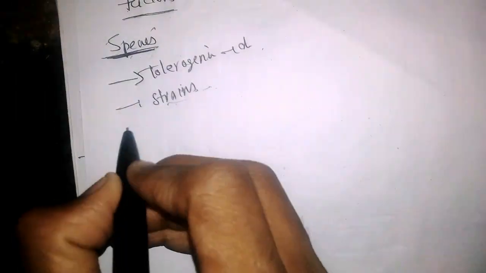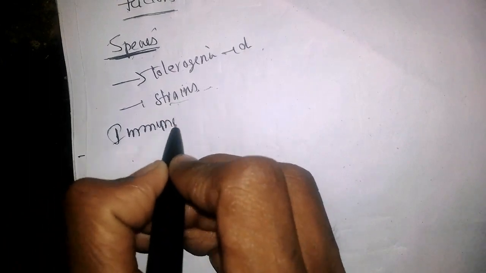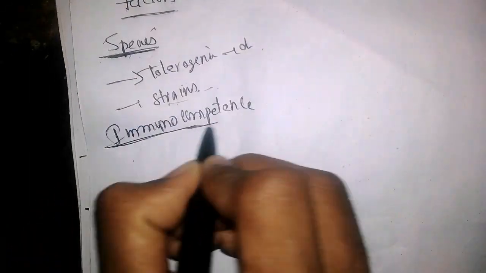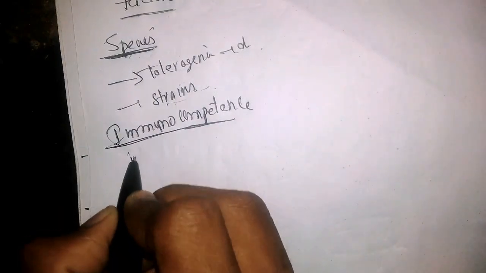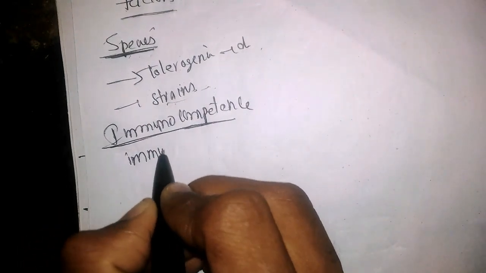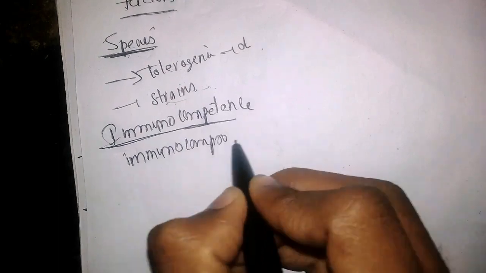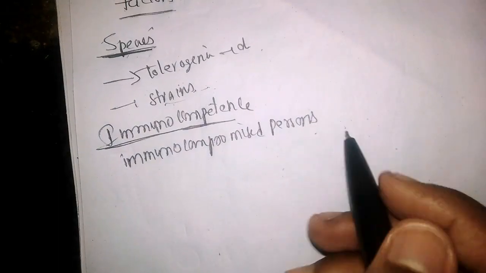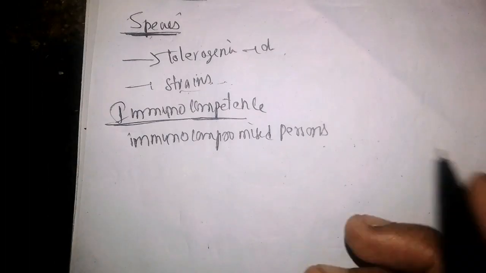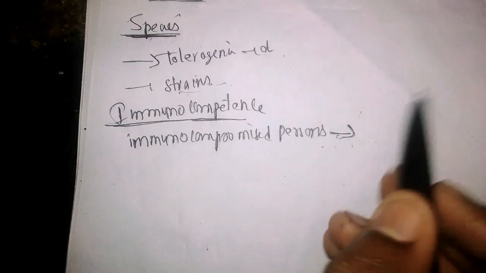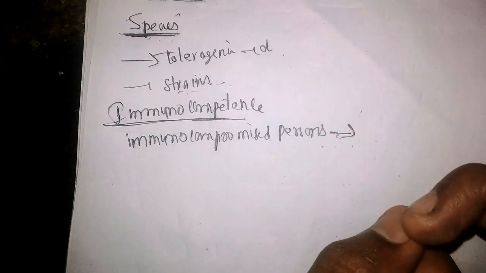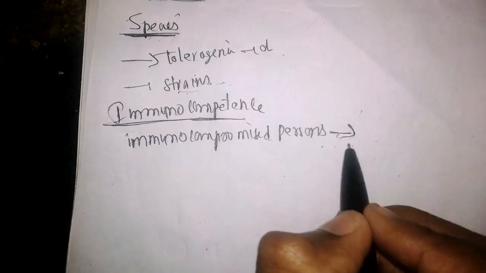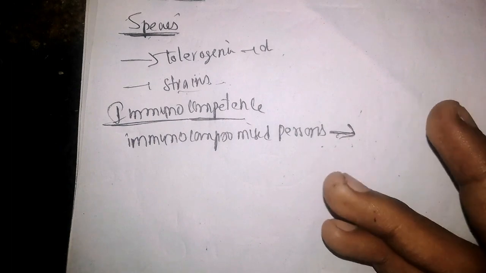Then coming to immunocompetence. It is very easy to induce tolerance in immunocompromised persons. Even in the embryo, because the immune system is still developing, there is a possibility for induction of tolerance.